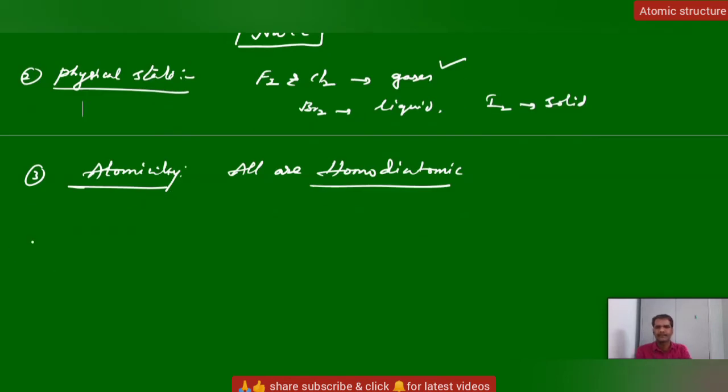And the color properties are also very important. Color of halogens. Fluorine, F2, is yellow in color.